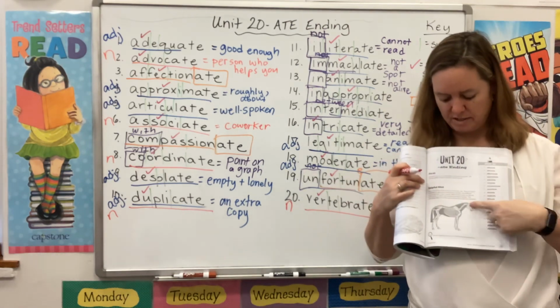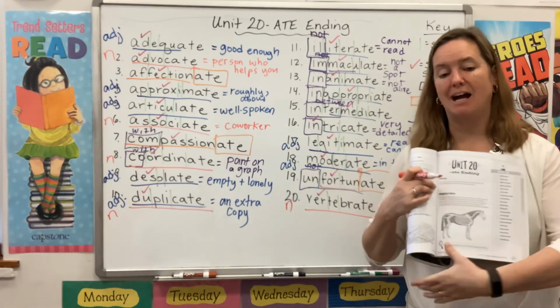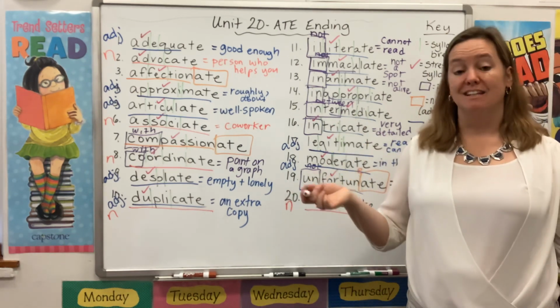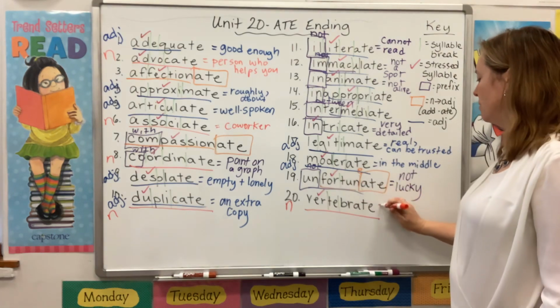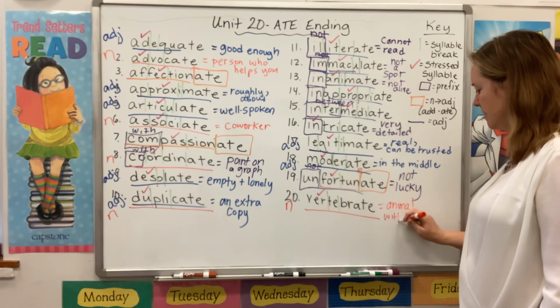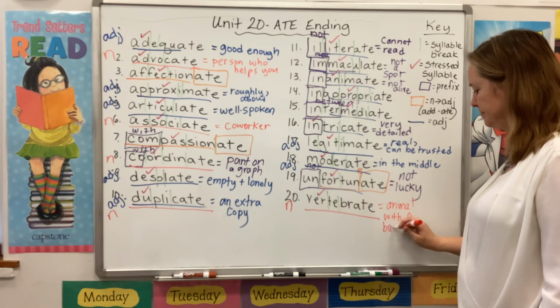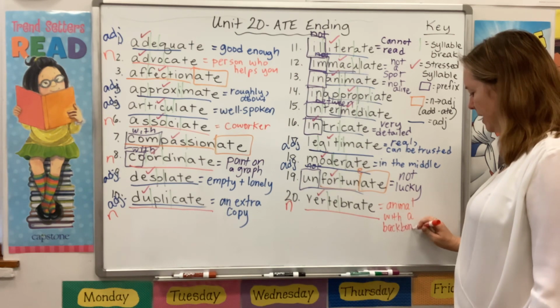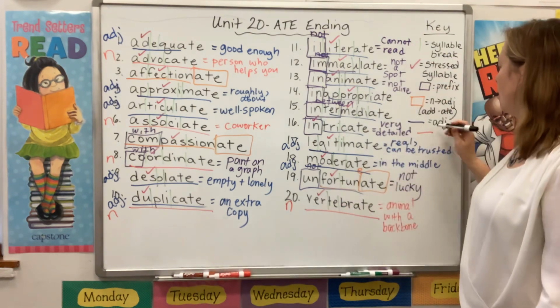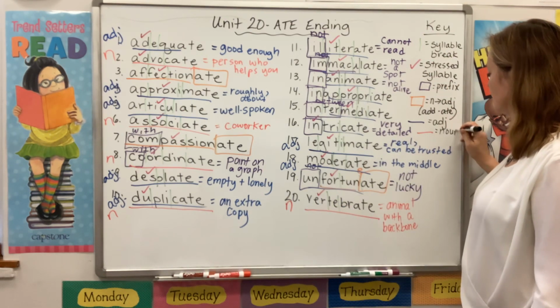We know that a horse is a vertebrate because he has a backbone. All mammals, fish, birds, reptiles, and amphibians are vertebrates. So, animal with a backbone. Okay? So, all of these words that I just underlined are nouns.